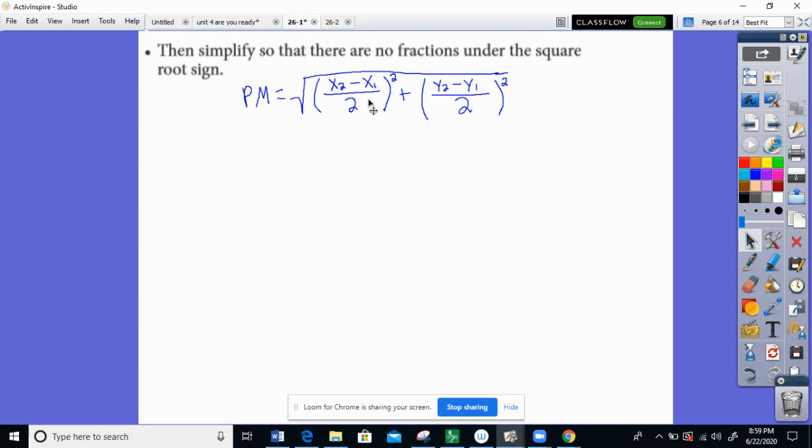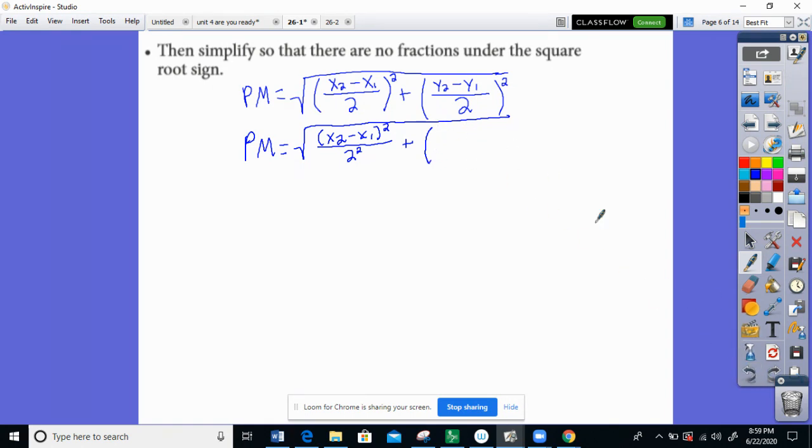What we can do first is, if we're squaring this whole quantity, that means we're going to square the numerator, but we're also going to square the denominator. So this is going to be (x2 minus x1) squared, but it's also going to be 2 squared in the denominator.